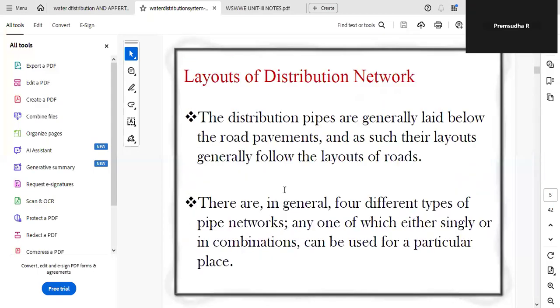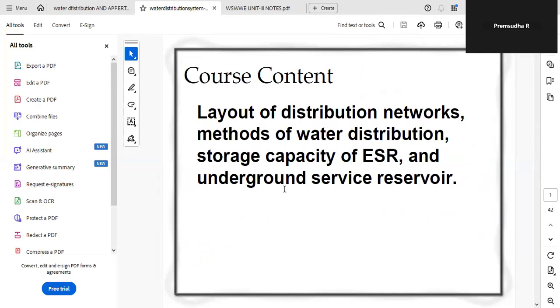What is meant by water distribution system?